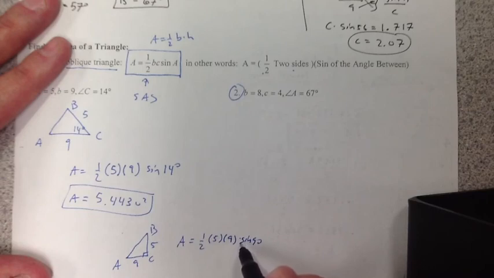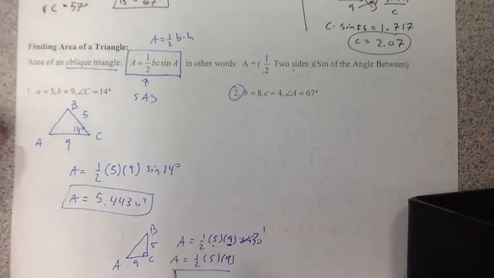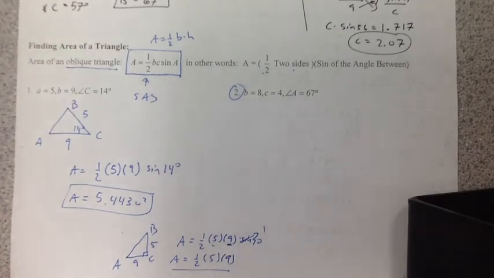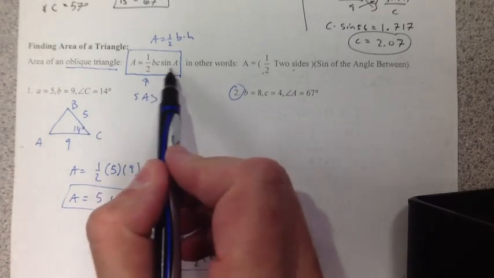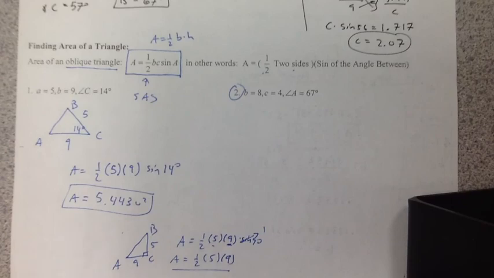Well, the sine of 90 is just 1, which becomes 1/2 our base, which is 9 in this case, and our height, which is 5. So we get our base times our height. So this formula does match with our normal area of a triangle. It's just now we can do it for any angle rather than just a 90-degree angle.